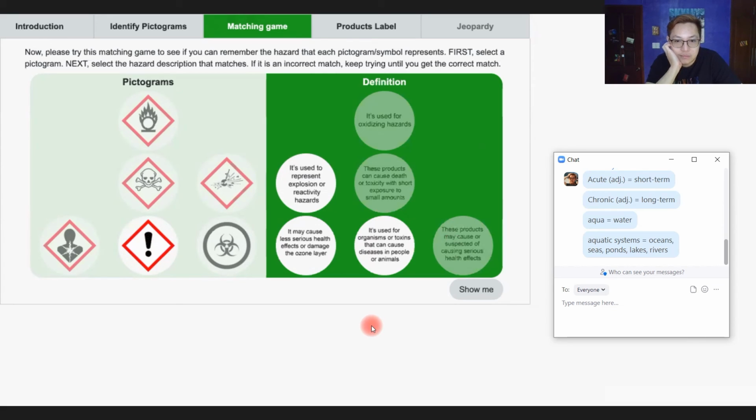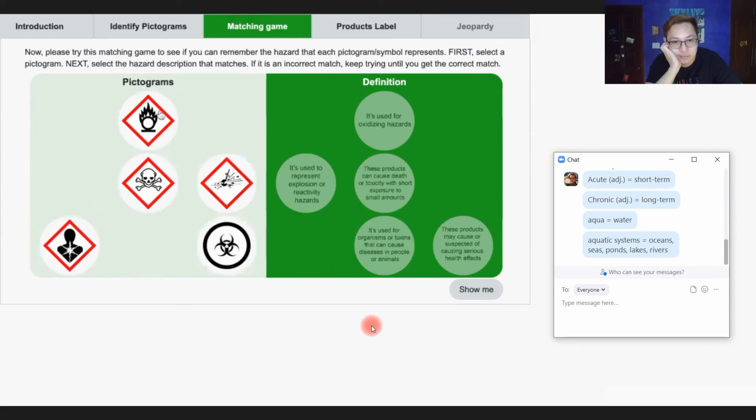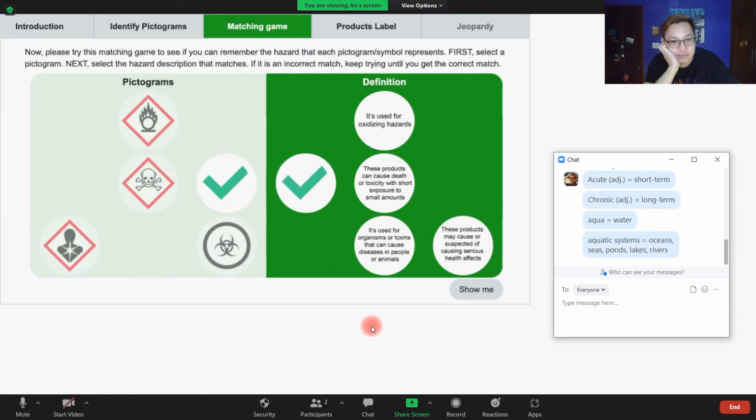Nope. Careful. Yeah. May cause less serious effect or damage to the ozone layer. Good. It's used to represent explosion or reactivity hazard.